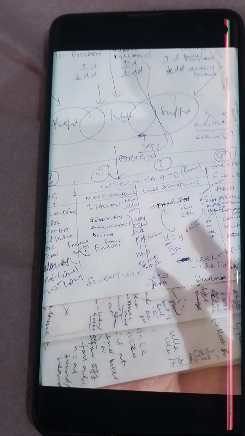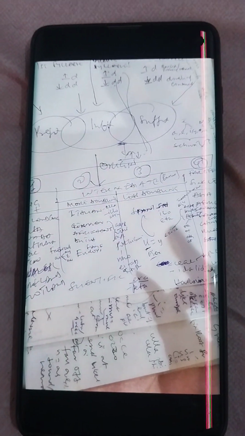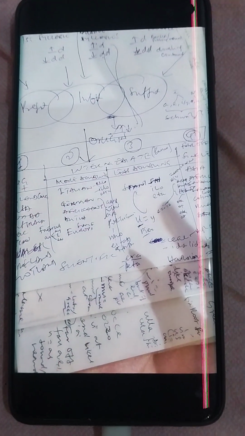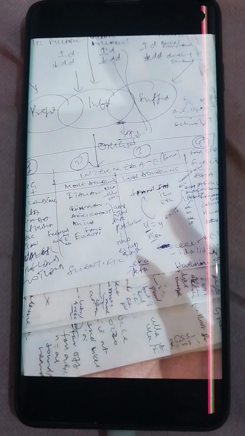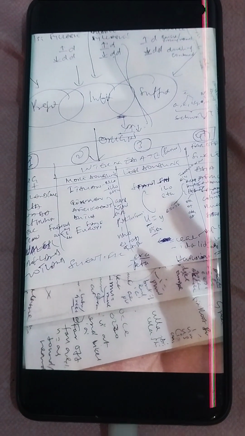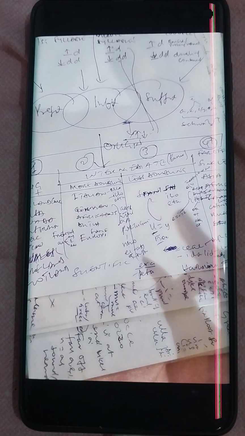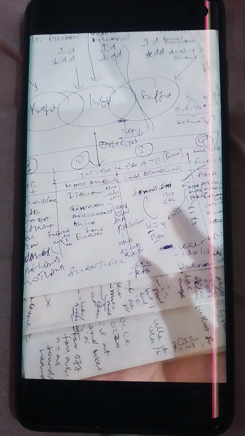Because if double L is used in Spanish, the sound changes to Y, just like H is not pronounced in Spanish if it is at the beginning. And then J, you have to pronounce like the H sound. So J, that is in Spanish. JUA will become Hua.